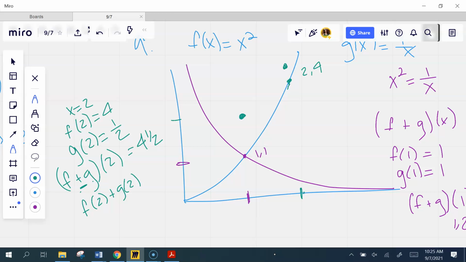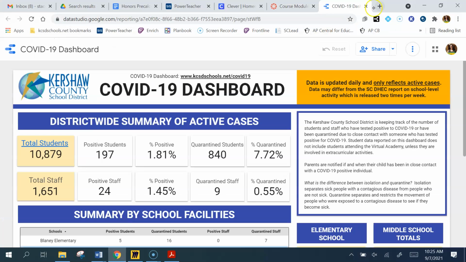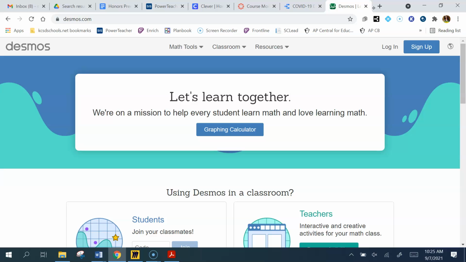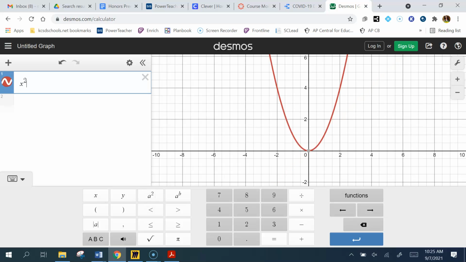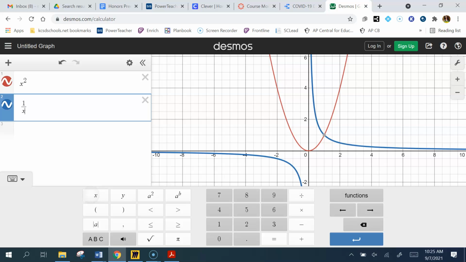See what we're doing? It's making a new function. And the point is, as you keep doing this... okay, let's look at it. x squared, 1 over x.